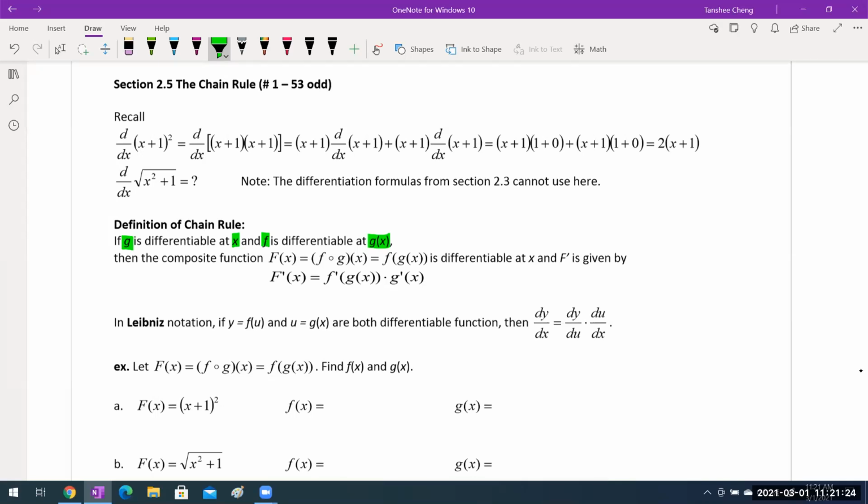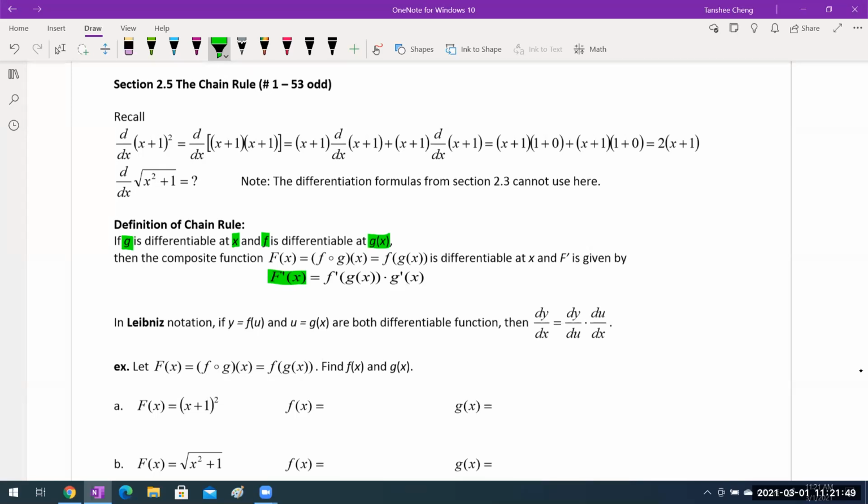Then we can say that the composition function, f composed g of x, is differentiable at x, and then f prime, that's the key part you have to look at. How do we take the derivative of this composition function?